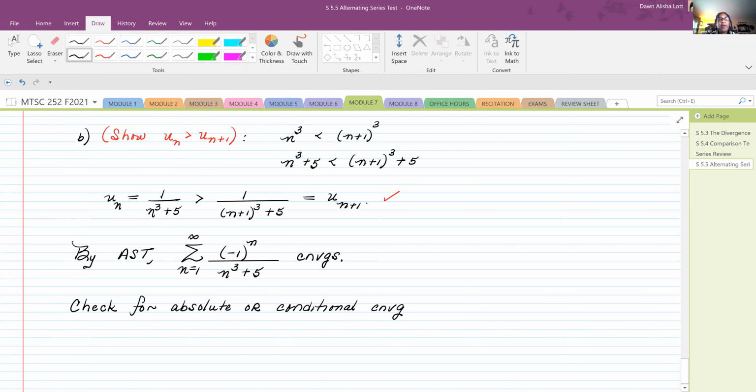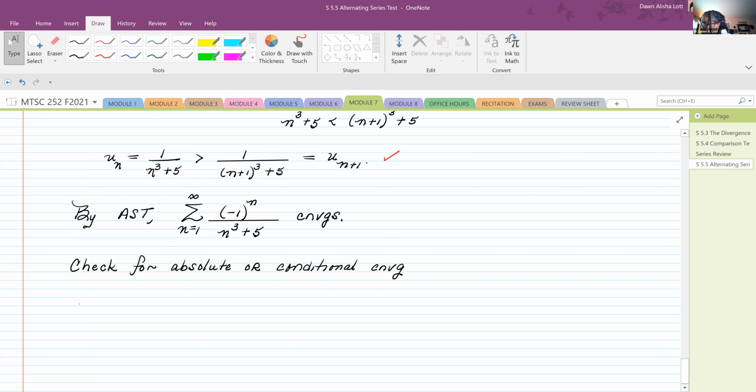Okay, so to check for absolute convergence, we need to look at the summation n equals 1 to infinity of the absolute value of -1 to the n over n cubed plus 5. And that is the sum n equals 1 to infinity of 1 over n cubed plus 5.